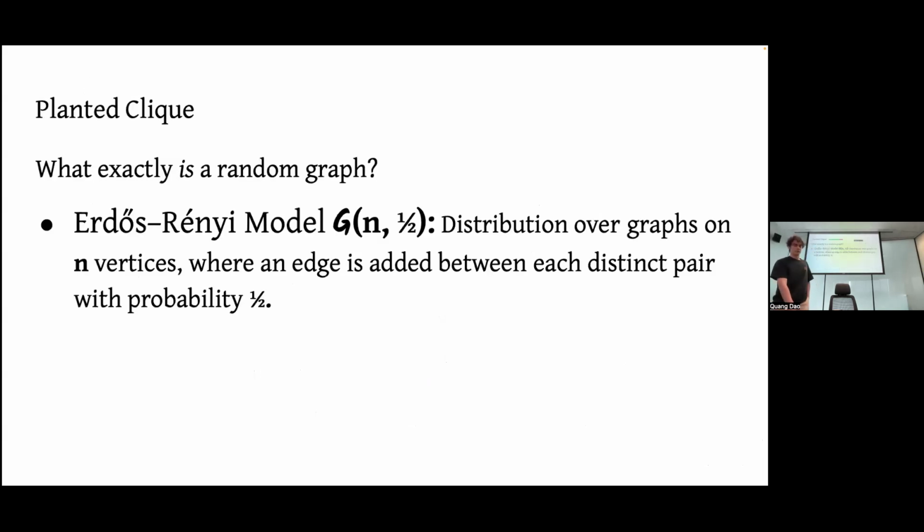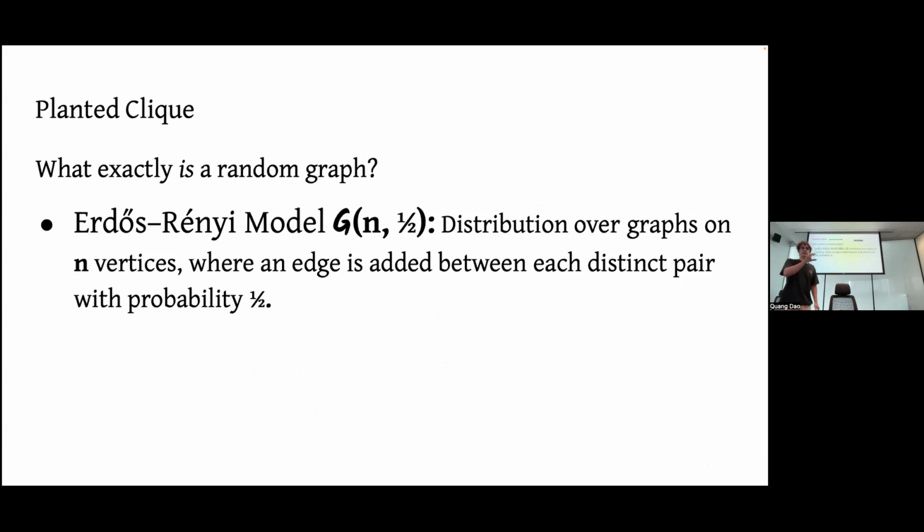To go into more detail about planting Clique, we'll first talk about what we mean by a random dense graph. For this, we're going to use the Erdős-Rényi model, denoted G(n, 1/2). This is the distribution over graphs where you have n vertices, and then for every pair of vertices, you add an edge between them independently with probability 1/2. So you just flip a fair coin. If it's heads, you put an edge.